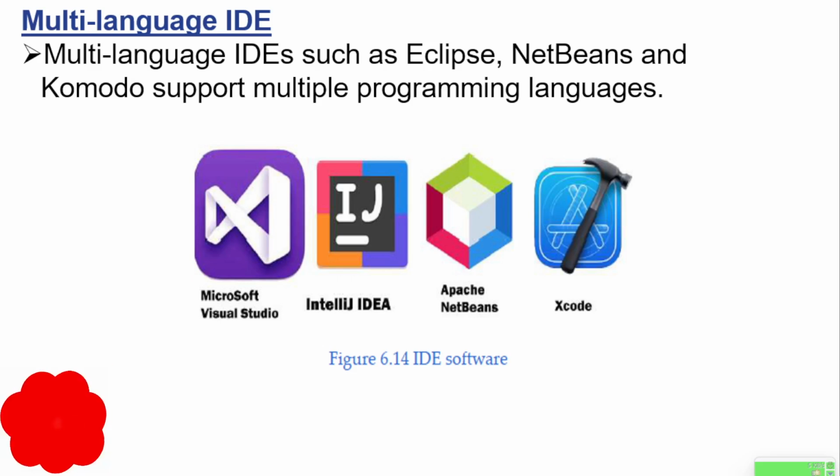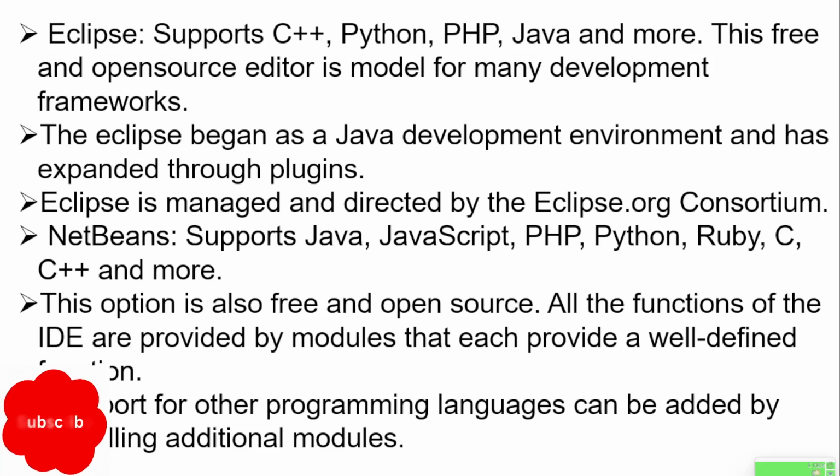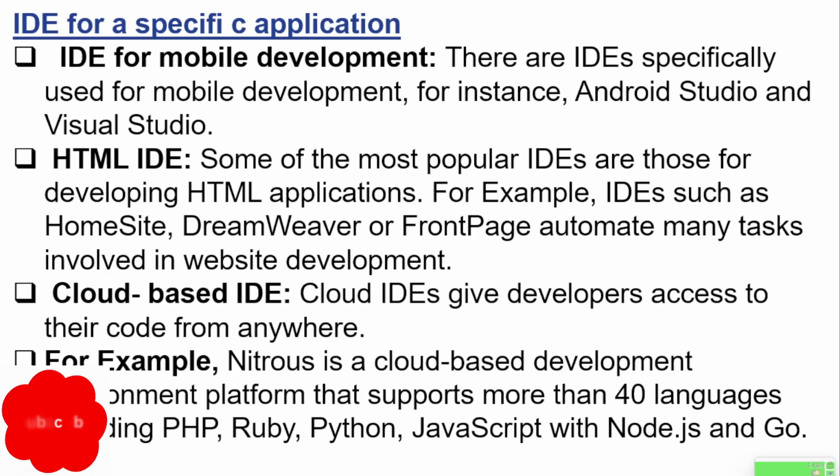The only thing, after preparing the source code, is to save with the extension. Under Eclipse, we have C++, Python, PHP, Java, and more. And the second one is multi-user IDEs. NetBeans supports Java, JavaScript, PHP, Python, Ruby, C, C++.